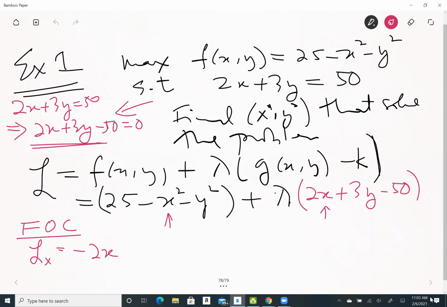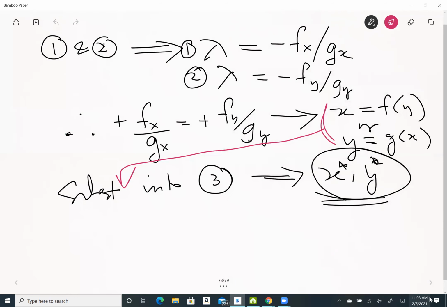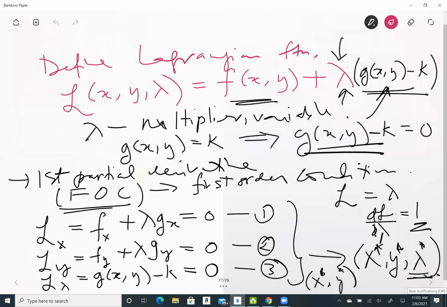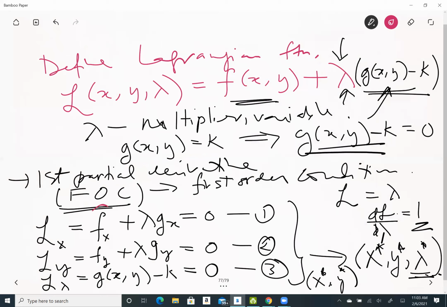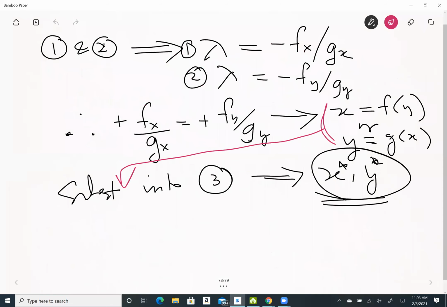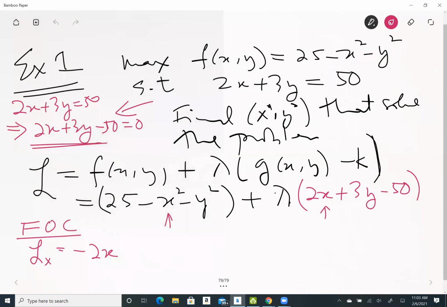Okay, if you go back to the concept, that is fx. And then we need to look at the lambda, which is the variable multiplied by the derivative of g. Now, what is the derivative of g with respect to x? Gx is what? What is gx? How much? 2x? No, not 2x, 2.